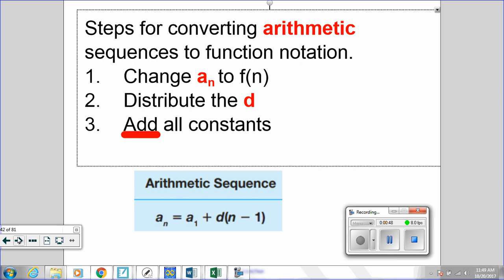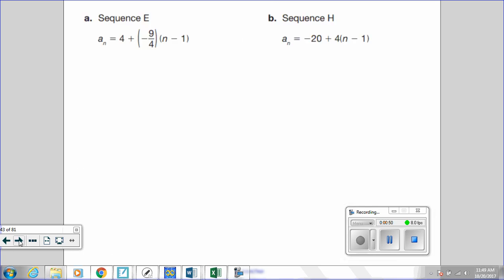All right, here's our first example. Here we're going to do the first step, which is change a sub n to f of n. And then we're going to distribute the negative 9 over 4 to the n and negative 1.